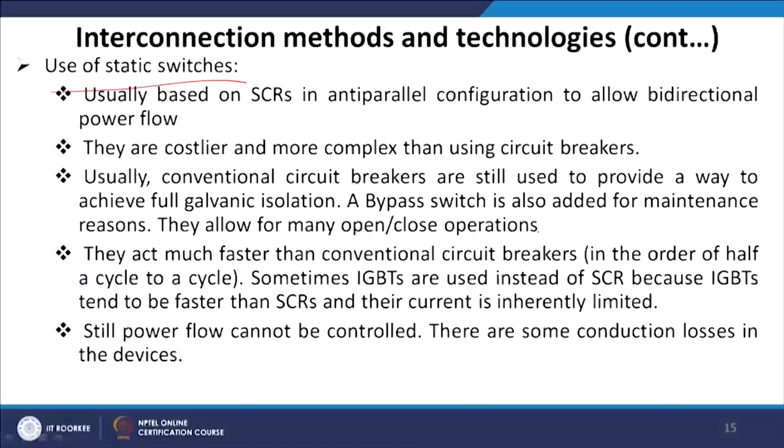They act much faster than the conventional circuit breaker, within half of a cycle. Sometimes IGBTs are used instead of SCRs, that is what I am saying, and IGBTs will find more space while these high bandgap devices are put into practice.